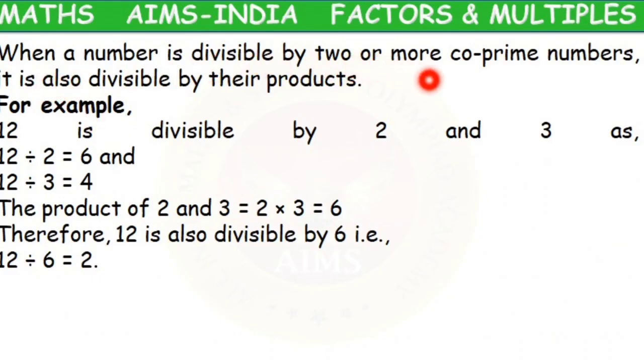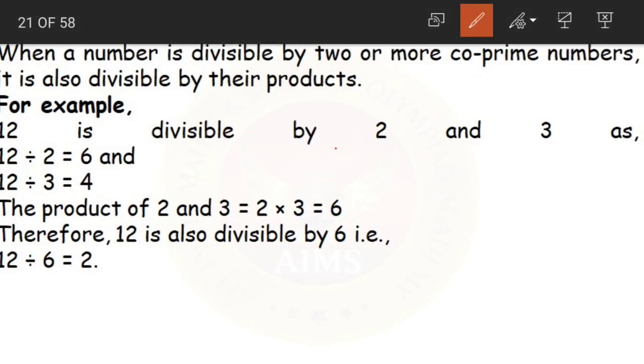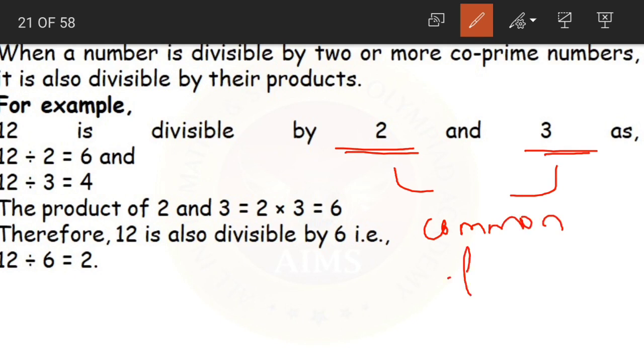When a number is divisible by 2 or more co-prime numbers, it is also divisible by their products. What are they saying? When we have two co-prime numbers, say 2 and 3. These two are co-prime numbers. Why? Because the only common factor between these two is 1.